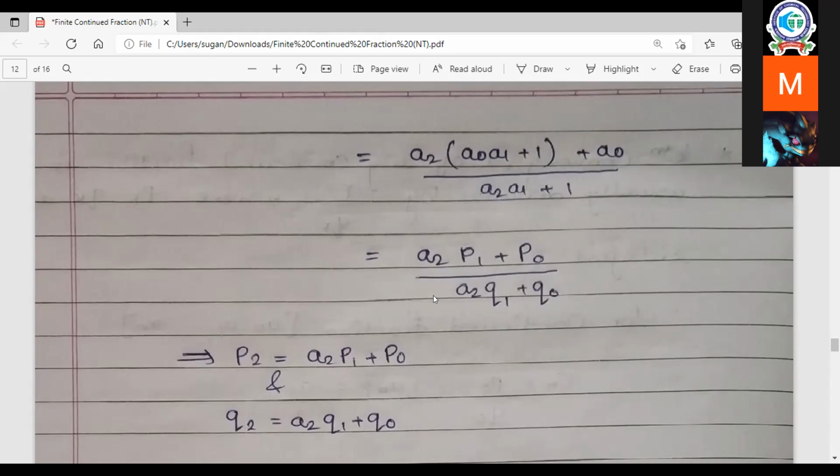In order to get P1, what is P0? P0 is A0. Q0 is 1, right? See, you are given a continued fraction. Your goal is to compute the convergents.